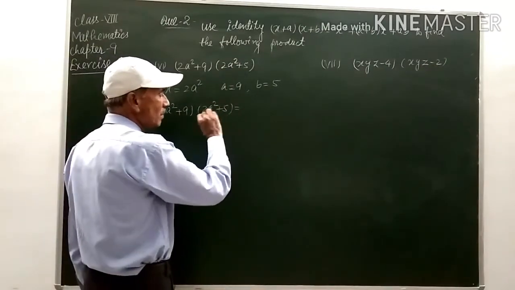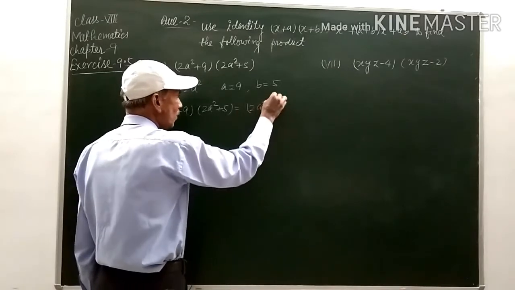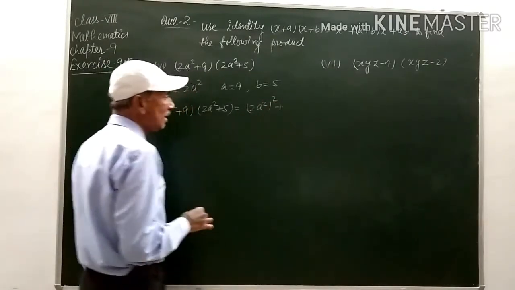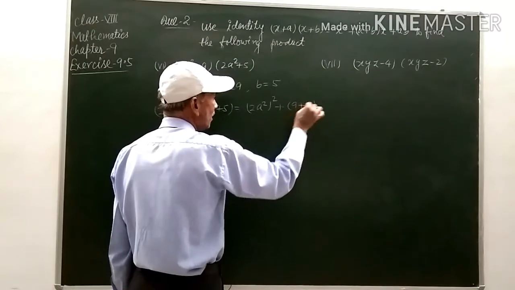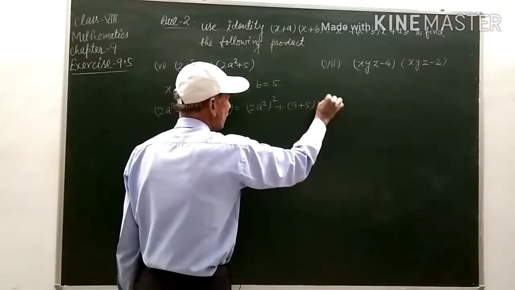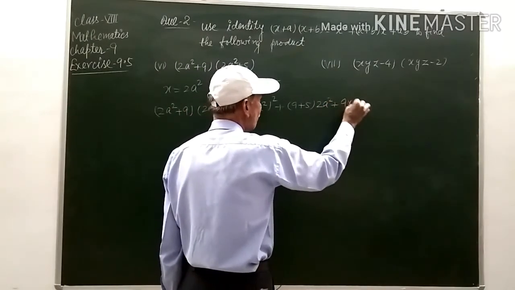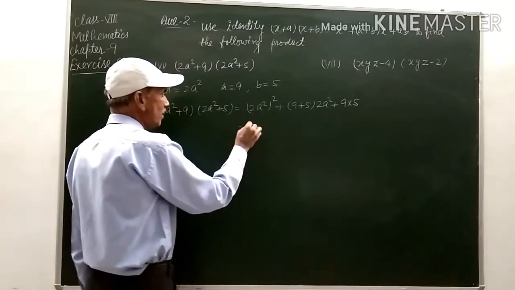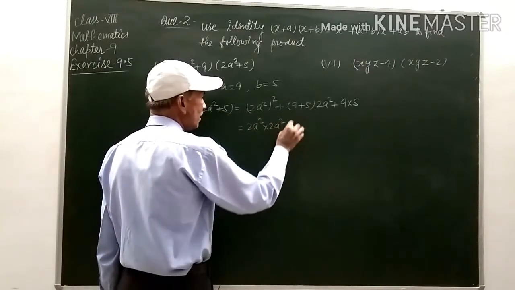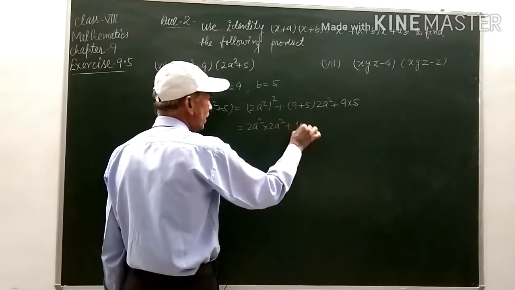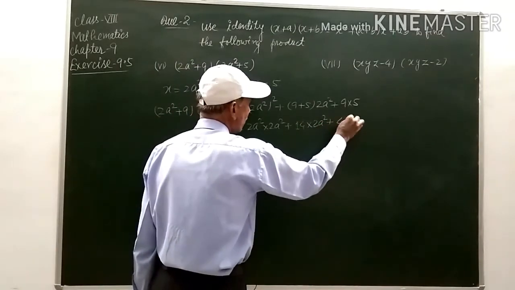Clear, student? So this one x², because in place of x there is 2a², so (2a²)², plus (a + b), in place of a there is 9 and in place of b there is 5, into x, it means 2a², plus ab, 9 into 5, and this will be 2a² into 2a², plus 9 and 5, that is 14, into 2a², plus 9 5s are 45.